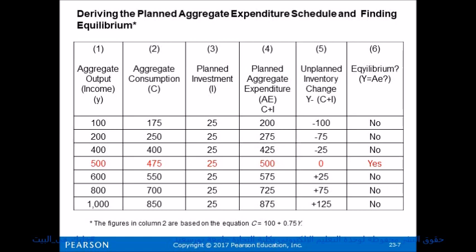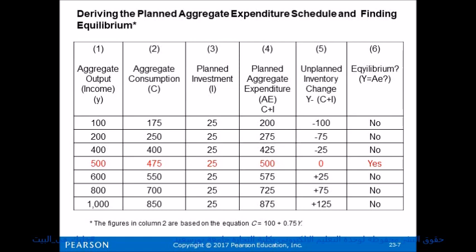And you should notice that at an income level of 500, the value of unplanned inventory change is 0, and this simply means that the value of planned aggregate expenditure is identical to the value of aggregate output, and this is why we get a difference of 0.